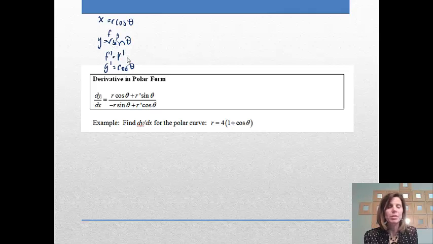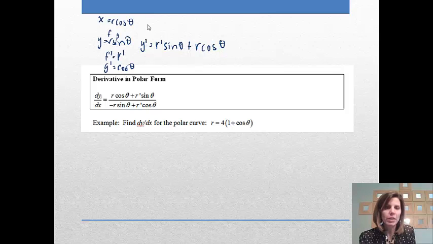The derivative of r is r prime, since r is a variable and we're not differentiating with respect to itself. All right, and so then y prime would equal f prime g, so r prime sine theta, plus f g prime, so r cosine theta. And notice that's exactly what this says in this formula.